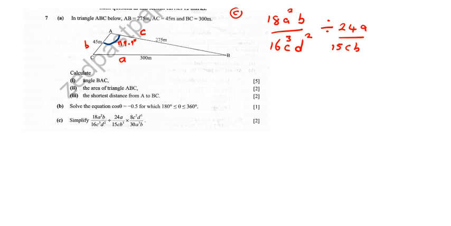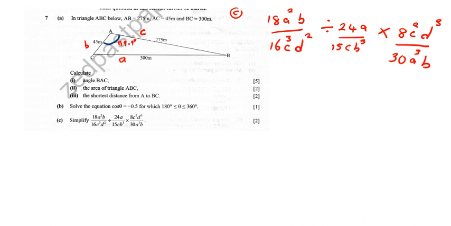So for our C, we want to simplify 18a squared b over 16c to the power 3 d squared, divided by 24a over 15cb to the power 3, times 8c squared d to the power 3 over 30a to the power 3 b.